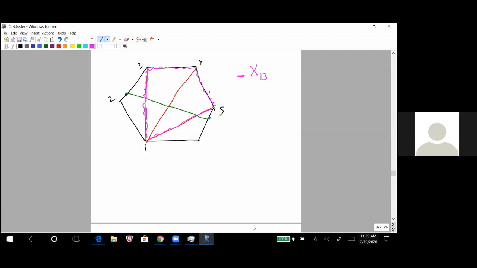So it gets no contribution from 1,4. And finally, let's look at 1,5. Here's the 1,5 quadrilateral. For 1,5, you see it's the S pattern, so I get +x15.